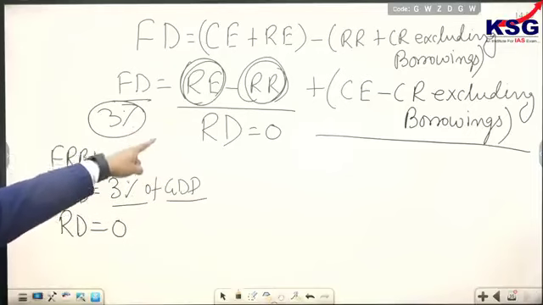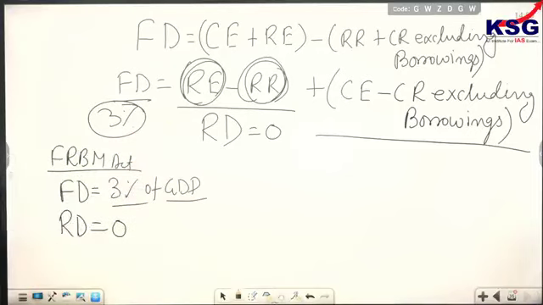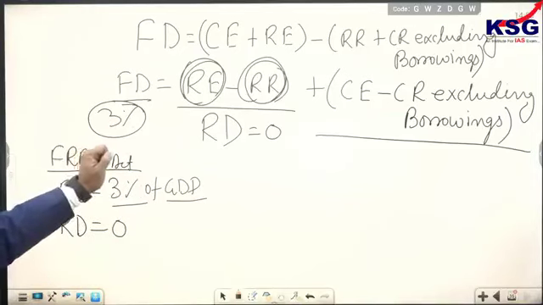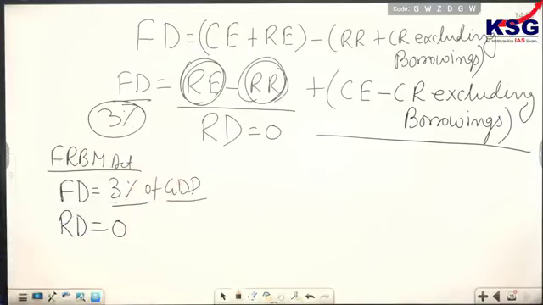Bring this concept here, then you can say RD should be 0. It means revenue expenditure, consumption expenditure, the government must fund from their revenue receipts. But loan is allowed for the government only for capital expenditure. So what the general thinking we have, on the same thinking the government is also working, and that's what the FRBM Act is saying. So you can relate these things with that.